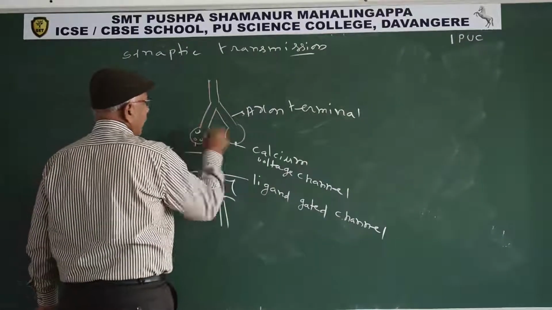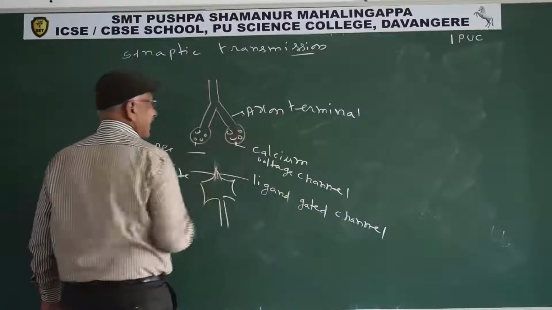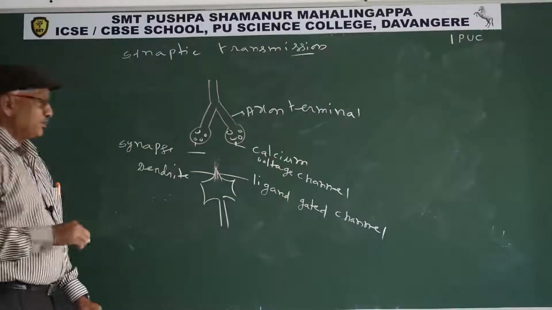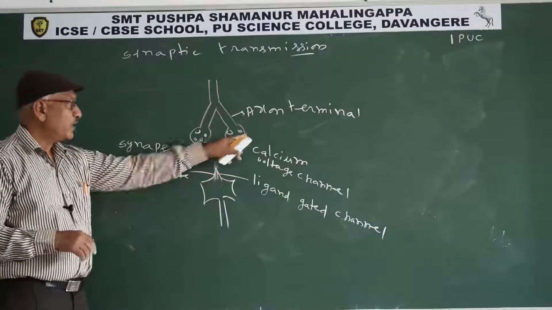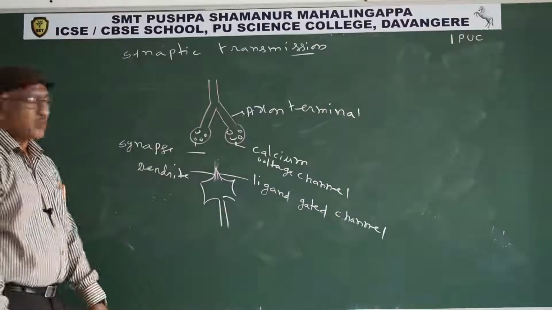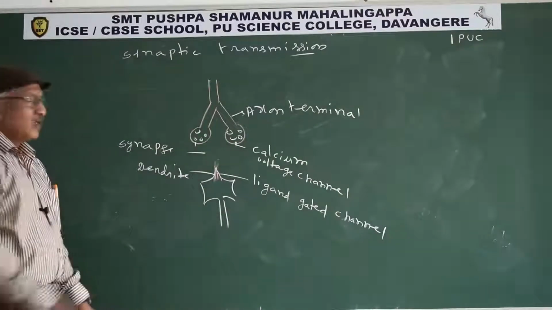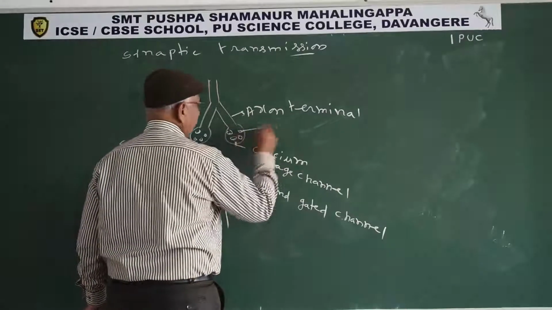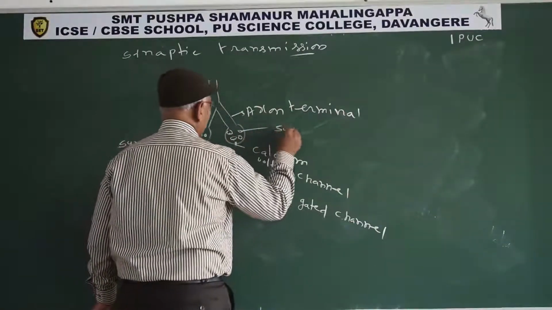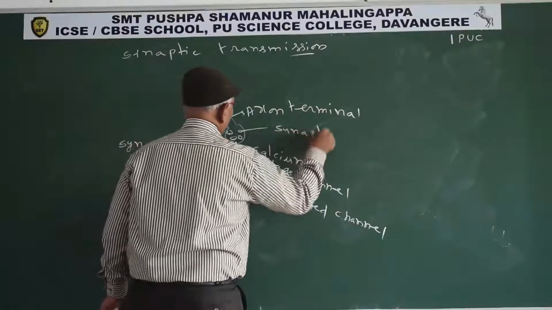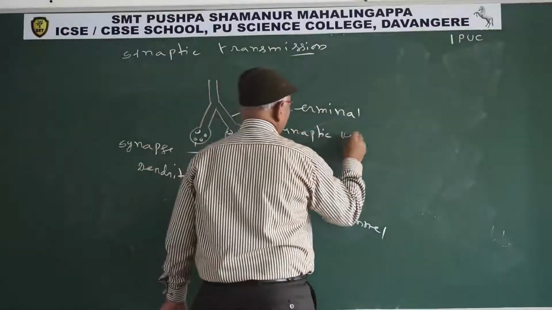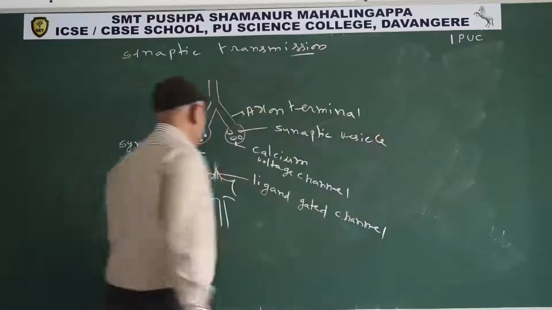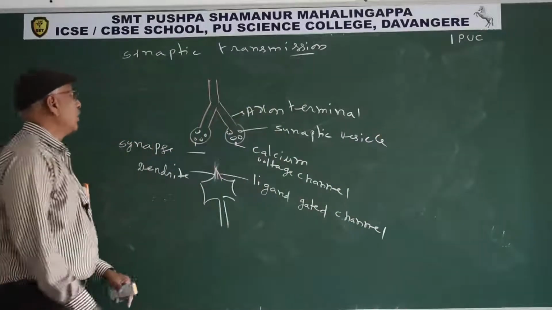The terminal part of the axon terminal is swollen, known as synaptic knobs. Synaptic knobs contain synaptic vesicles. Synaptic vesicles store the neurotransmitters.